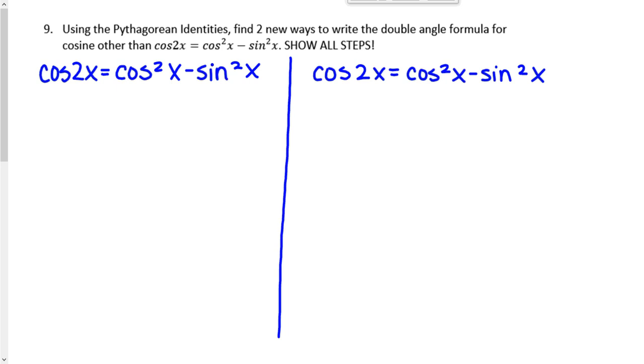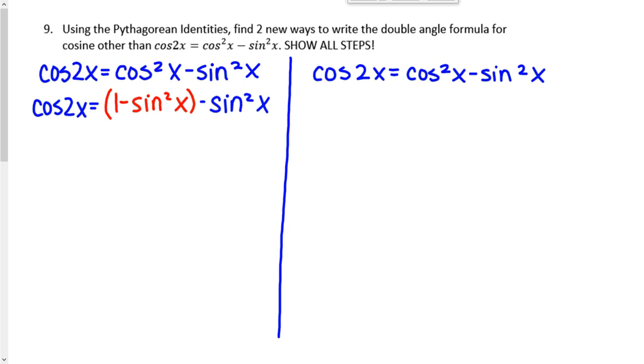So instead of cosine squared theta, I am going to say what? 1 minus sine squared theta, or x in our situation. And we'll go ahead and finish up this one. Guys, would I say minus sine squared theta twice?